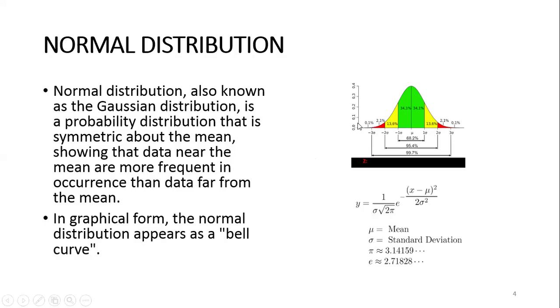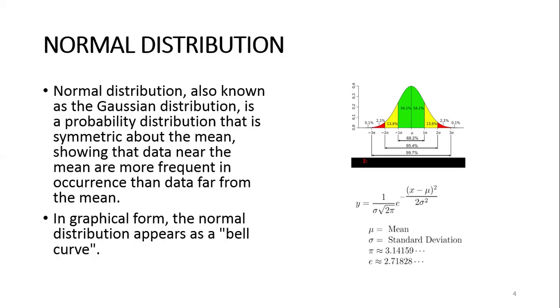Okay. If you do that, you discover that most of the people will cluster around the mean score. If we are using percentage, that will be 0 to 100. Let's say the mean score is 45, for example.